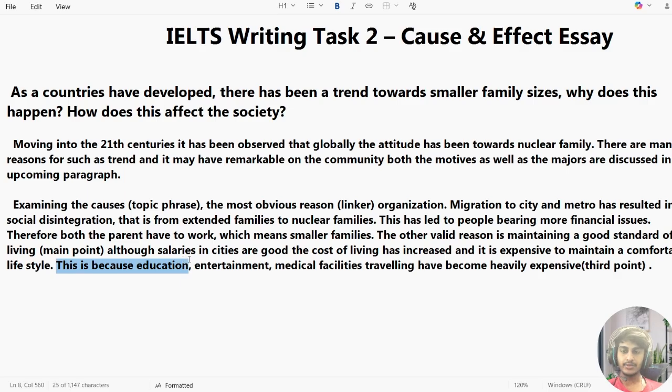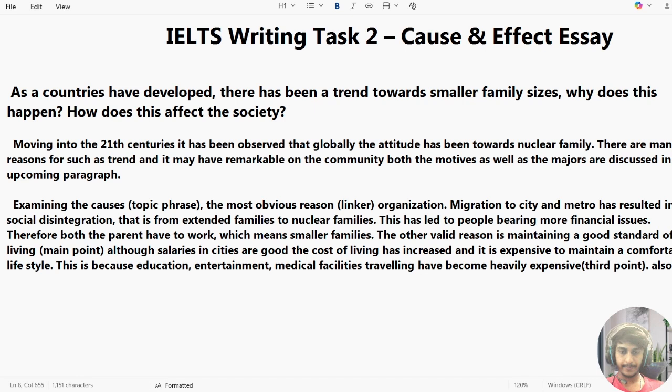This is because education, entertainment, medical facilities, and traveling have become heavily expensive. And this is our third point. Now we continue.